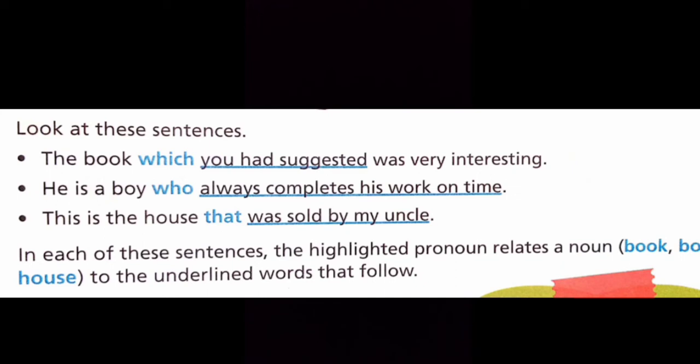The book which you had suggested was very interesting. He is the boy who always completes his work on time. This is the house that was sold by my uncle.